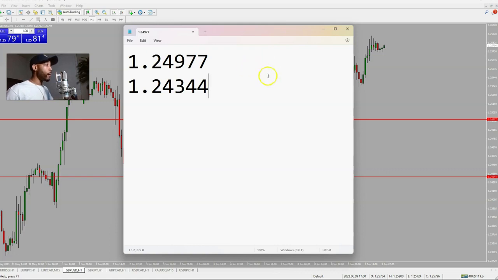So the way that you count pips, now this last number right here, that's a micro pip. This is where your pips start. So what I would do is I would completely ignore this last number. I like to use 3 numbers because it's just easier for me to count pips this way. So I would take 497, that's this one right here, and then you got 434.